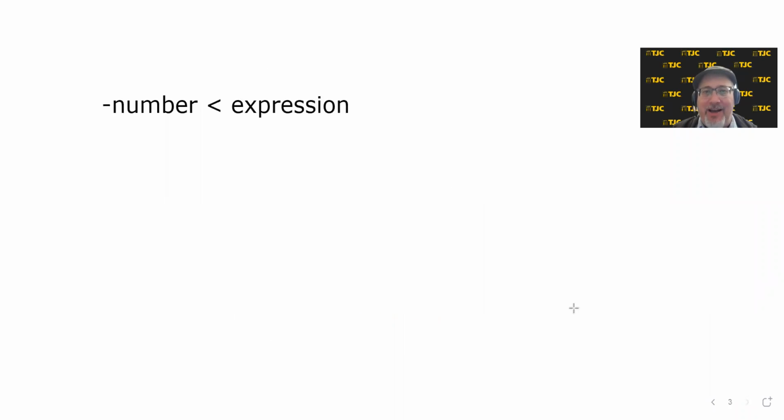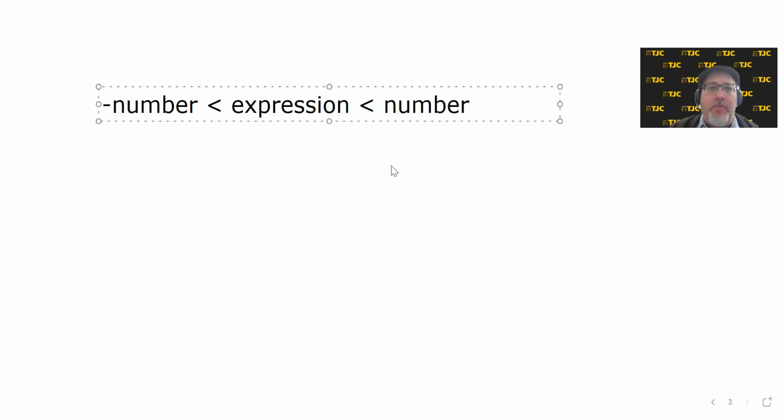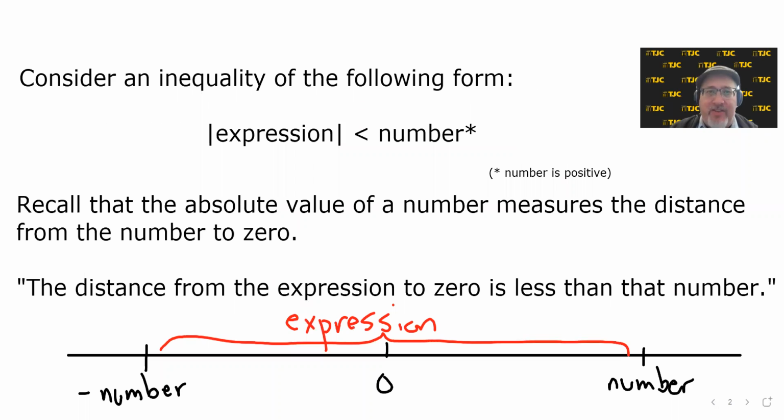But at the same time, the expression has to be less than the positive version of that number, because, citing the same reason, this expression is to the left of this number, which means it is less than that number. So basically, the expression has to be between negative number and positive number.